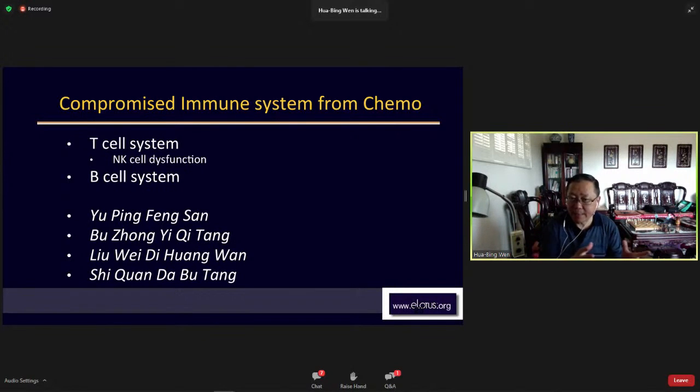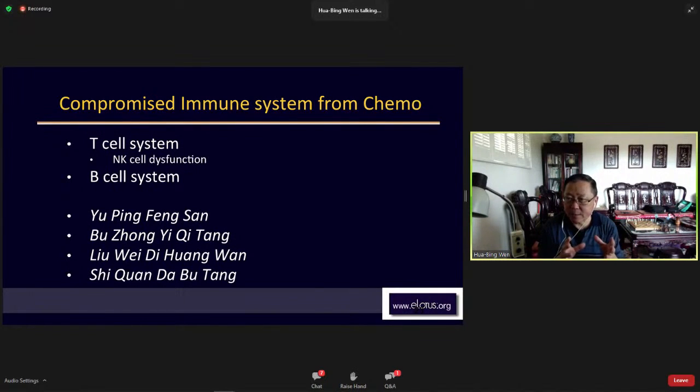Besides that, to affect both T cell and B cell, besides 黄芪 and 人参, there are 补骨脂, 女贞子, and 黄精. There are quite a few herbs that can do that. In short, I like to use the TCM language: the T cell is more like the qi and yang perspective in TCM.